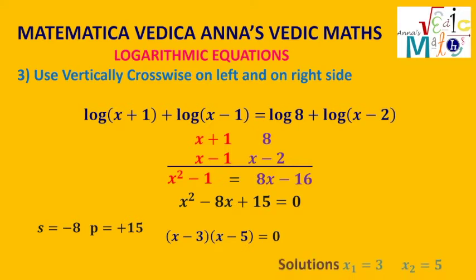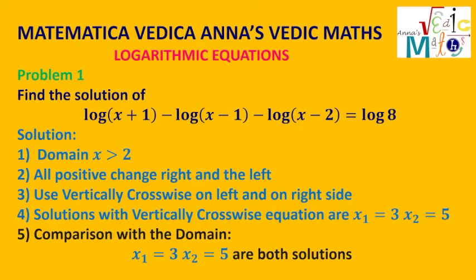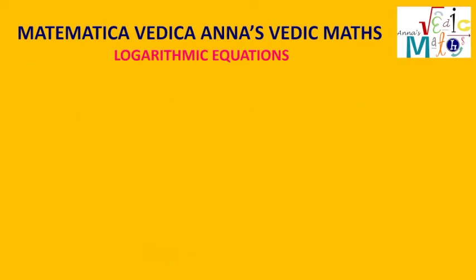So the solutions are x1 equal 3 and x2 equal 5. To find the solution of this logarithmic equation, we only need to compare the results of the equation we found before with the domain. As both are greater than 2, both are the solutions.